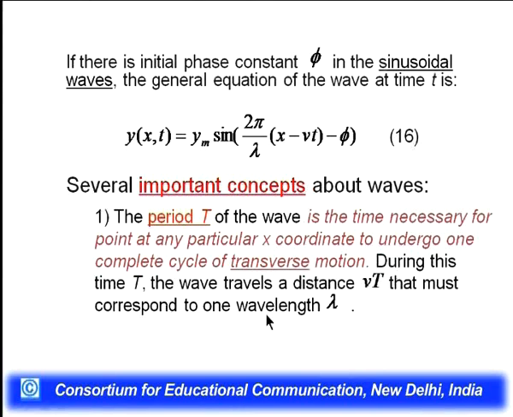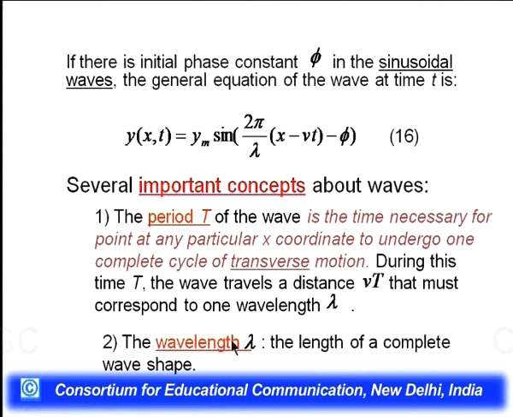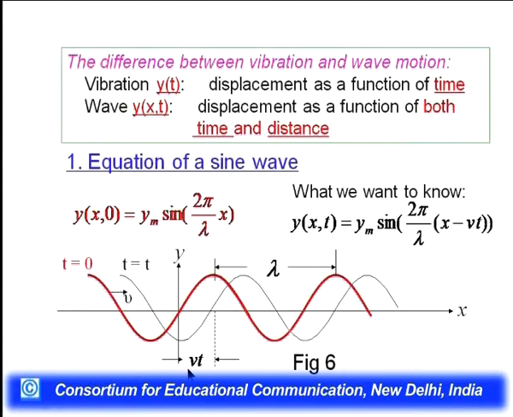During this time T, the wave travels a distance v T. This is the distance at time T that must correspond to one wavelength, that is, lambda. Now, the wavelength lambda is the length of the complete wave shape, the shape of one complete wave.